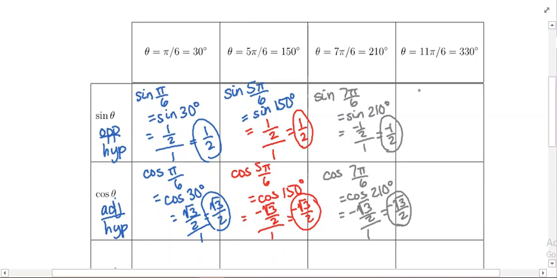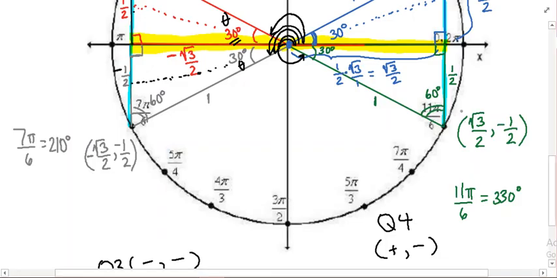11 pi over 6, or 330 degrees. We're going to start by computing the sine of this angle. Go over to your unit circle. Here is 11 pi over 6. We're in the 4th quadrant, so your x coordinate needs to be positive and your y coordinate needs to be negative.